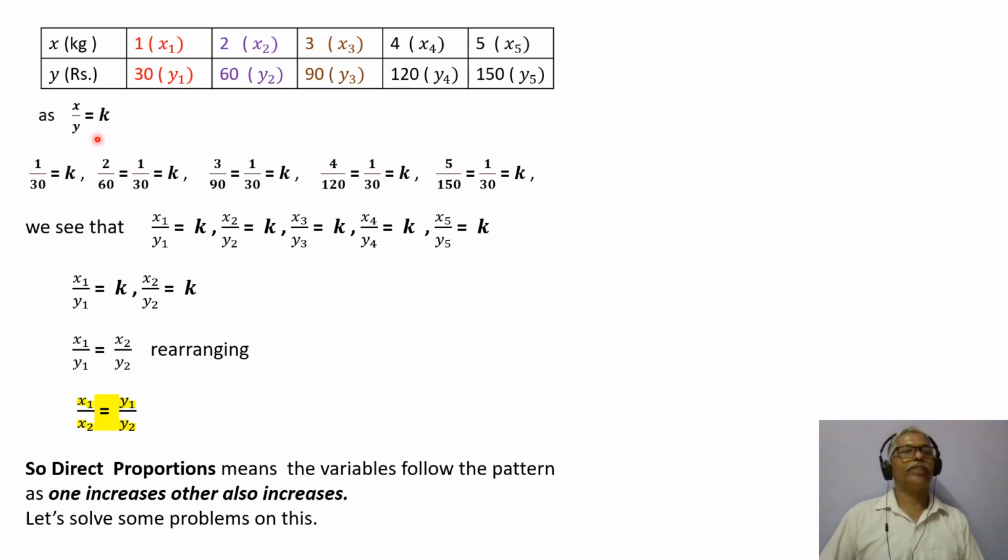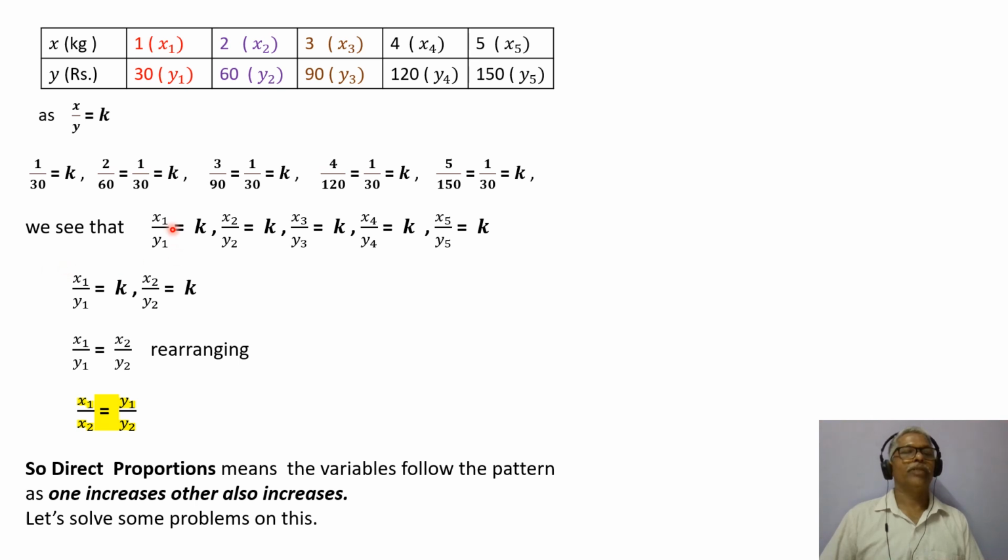As you know, x upon y is equal to k, some constant. We will see the first value x1 upon y1 is 1 upon 30 is k. Second value 2 upon 60 is equal to 1 upon 30 again, it's k. Now here 3 upon 90 is equal to 1 upon 30 is equal to k, and for x5 upon y5, we get this.